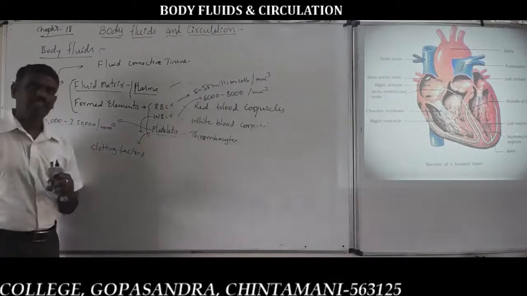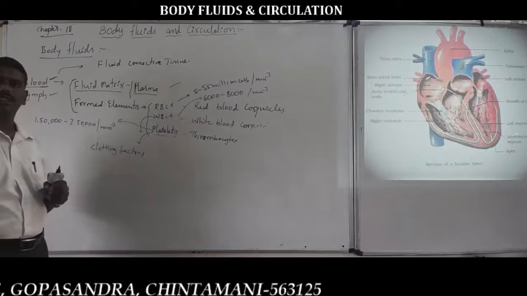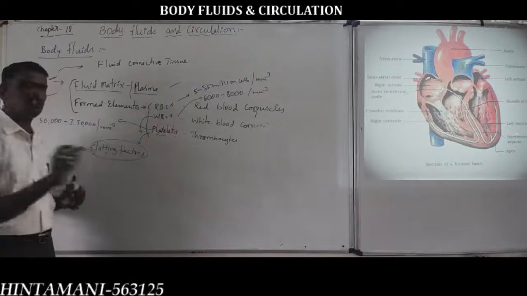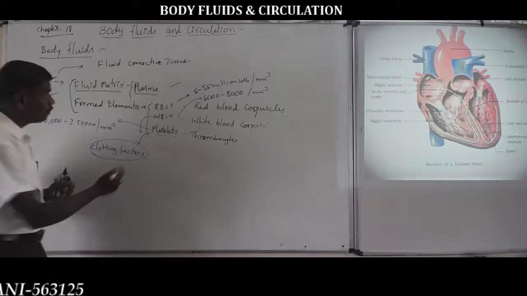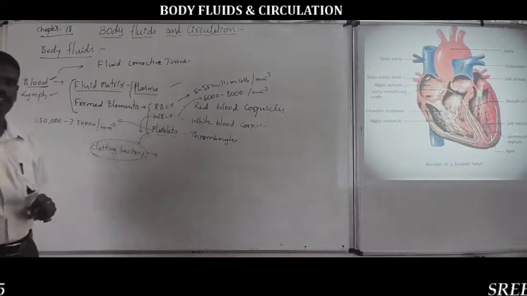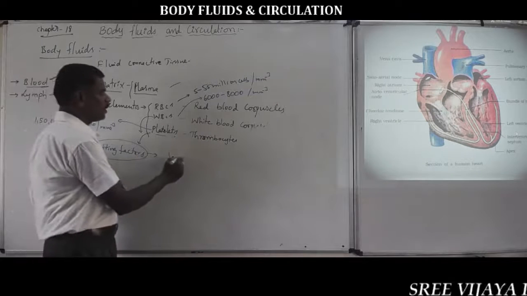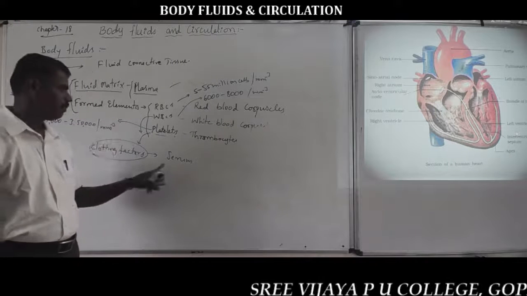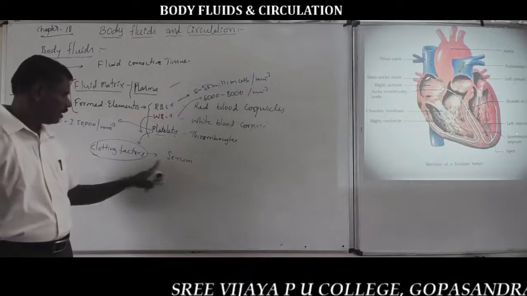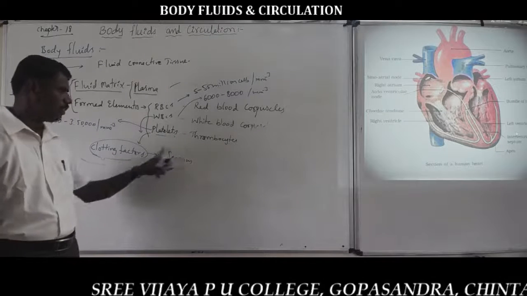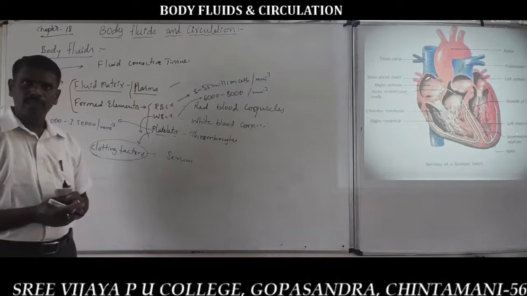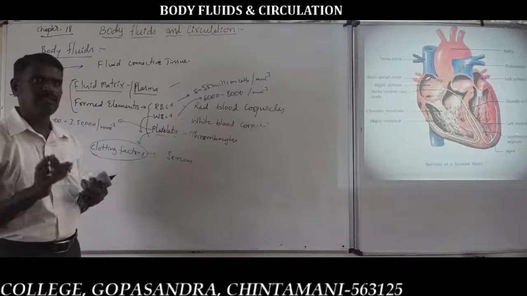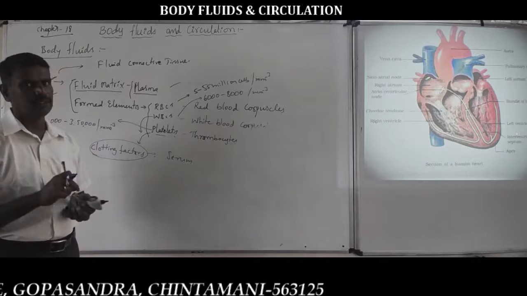There are a number of clotting factors: clotting factor 8, 9, 11, 12, different types of clotting factors which help the blood to clot. If these clotting factors are absent in the plasma, it is called serum. So in absence of these clotting factors, there is continuous bleeding of blood when we are wounded.